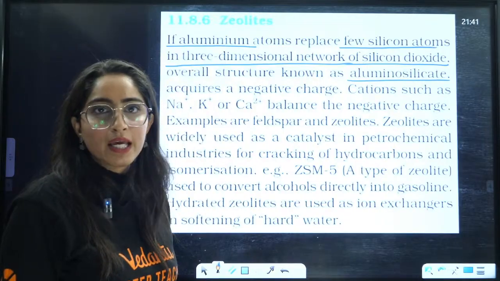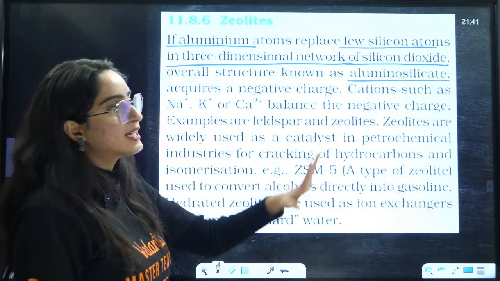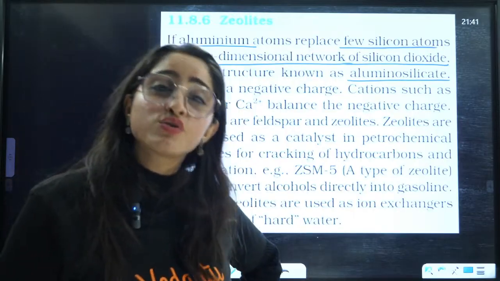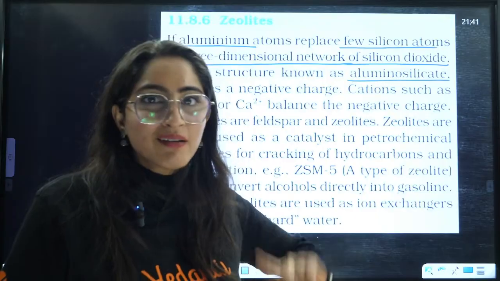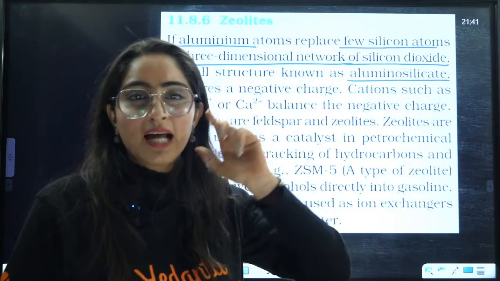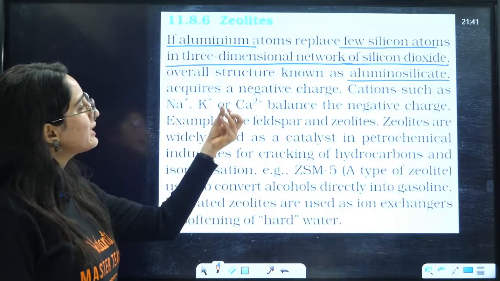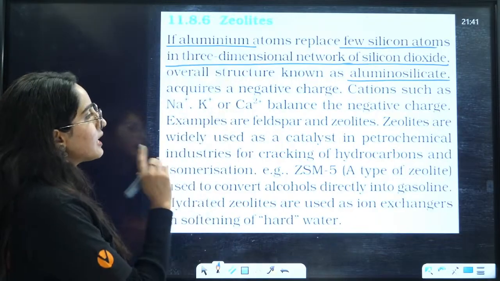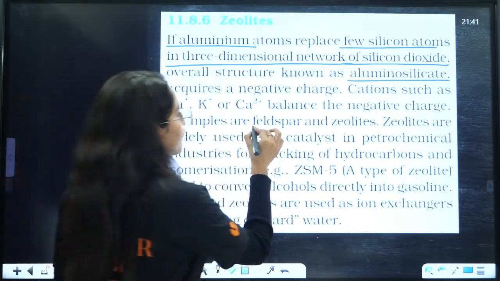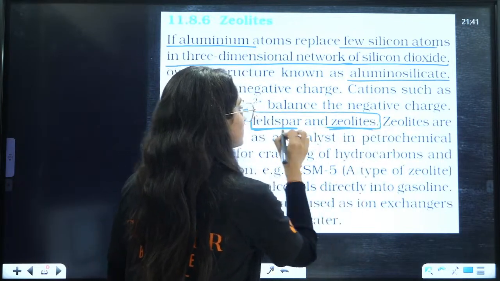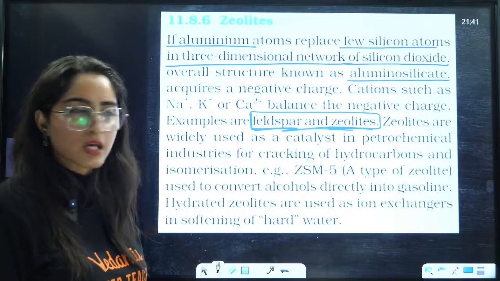Because aluminium is 3 positive, silicon is 4 positive. That is why 1 positive is less here, so it will acquire a negative charge. Now it will need positive ions to balance it. Examples are feldspar, zeolites. These are the 2 examples.